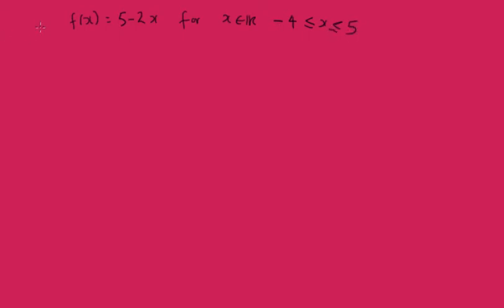So this could be a question that you'd be asked. Firstly, what is the domain of the function? This is not a trick question. The domain is minus 4 less than or equal to x less than or equal to 5.